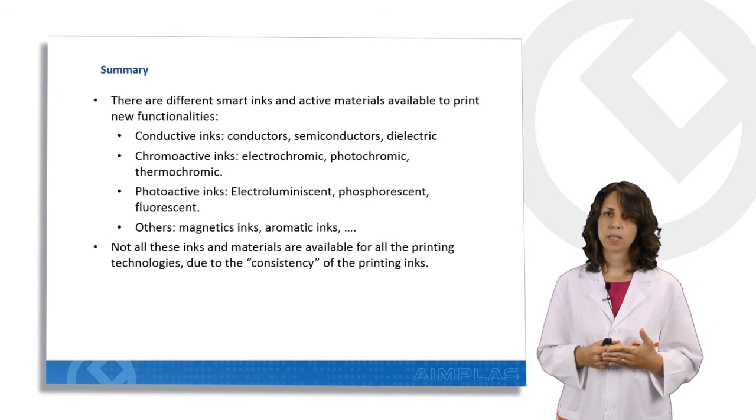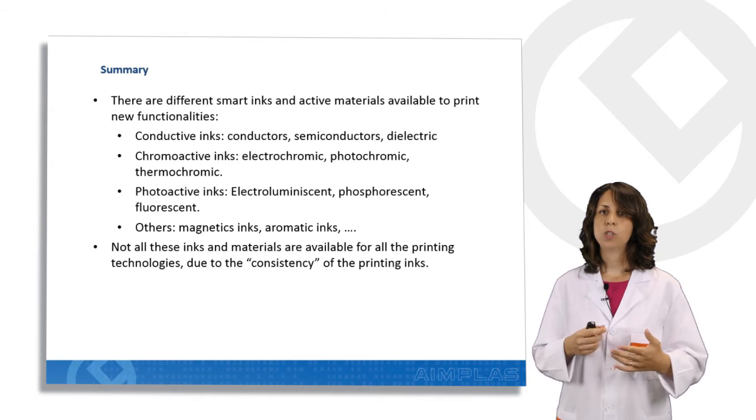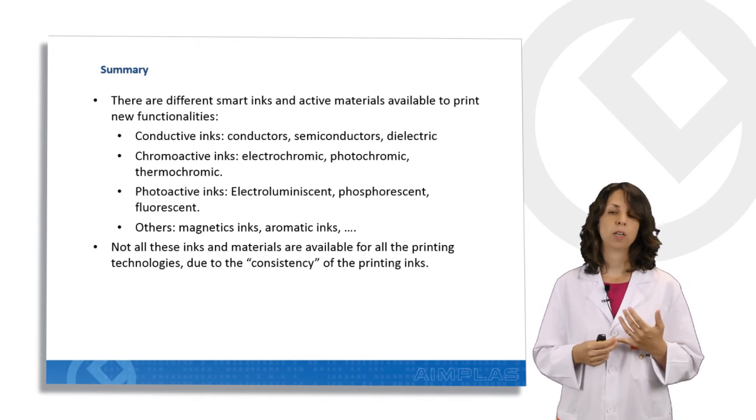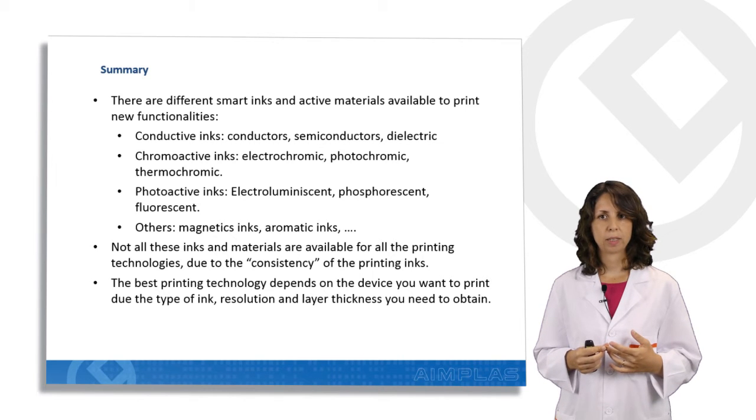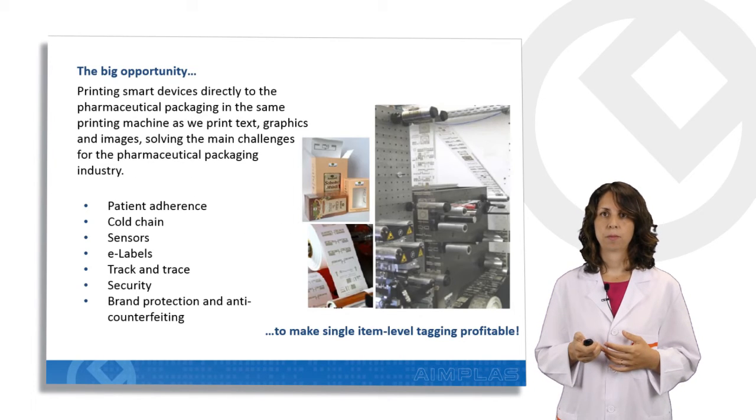Not all of these inks and materials are available for all the print technologies due to the consistency of the printing inks. And the best printing technology depends on the device you want to print, due to the type of inks, resolution, layer thickness you need to obtain.